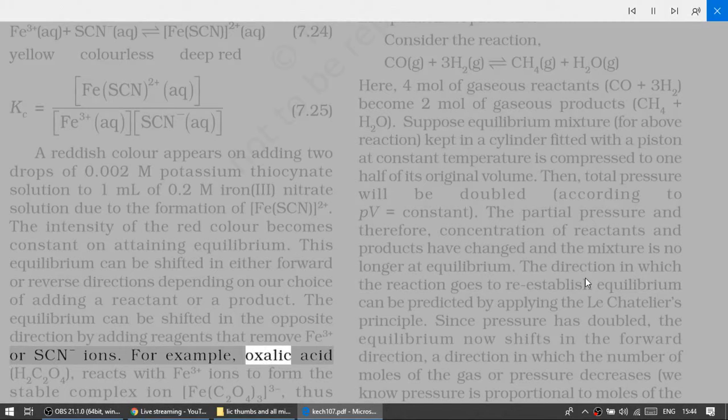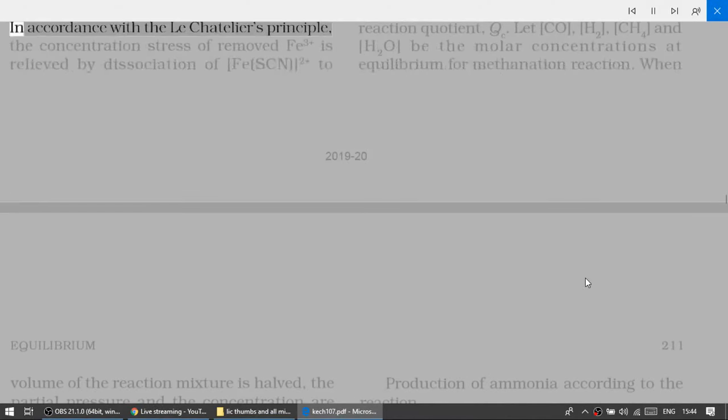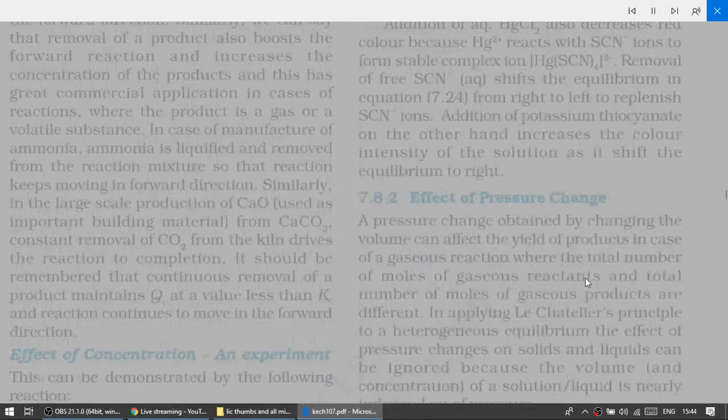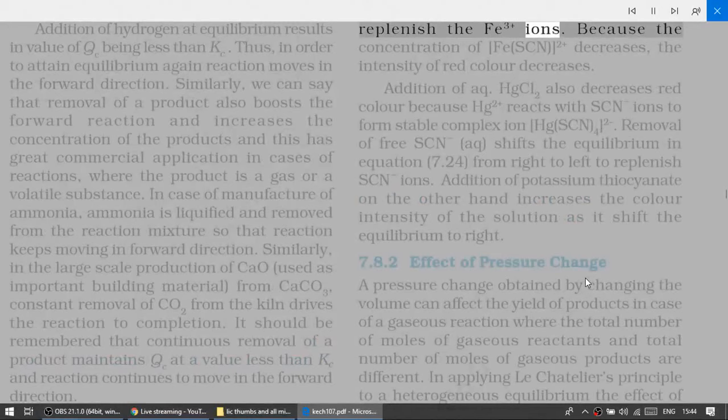For example, oxalic acid, H2C2O4, reacts with Fe3+ ions to form the stable complex ion [Fe(C2O4)3]3-, thus decreasing the concentration of free Fe3+(aq). In accordance with Le Chatelier's principle, the concentration stress of removed Fe3+ is relieved by dissociation of [Fe(SCN)]2+ to replenish the Fe3+ ions.